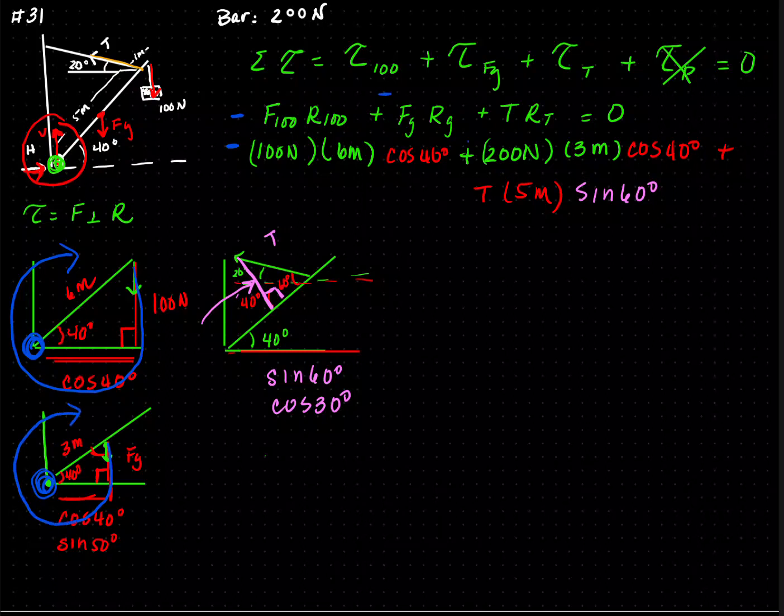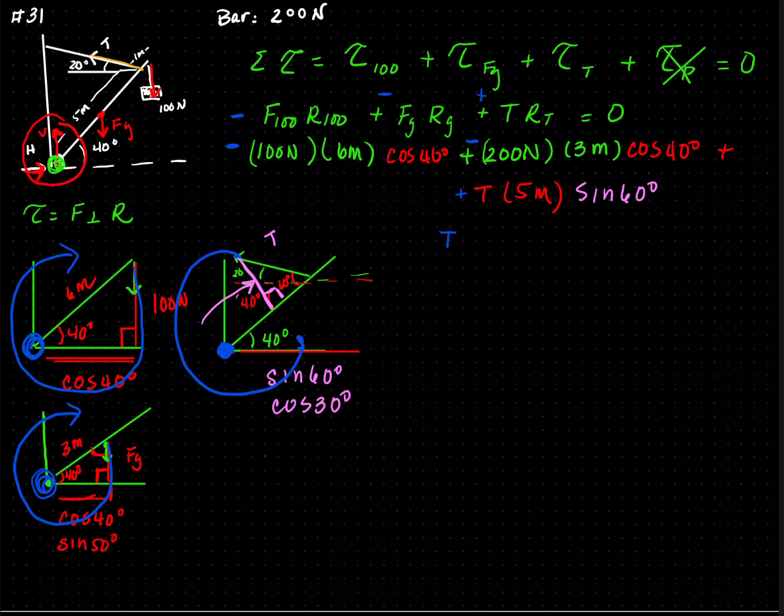So this is negative. For the third vector, my tension, my pivot point is still located in the same direction. My tension is pulling it in the opposite direction, so it's going to go counterclockwise. So this one is going to be positive.